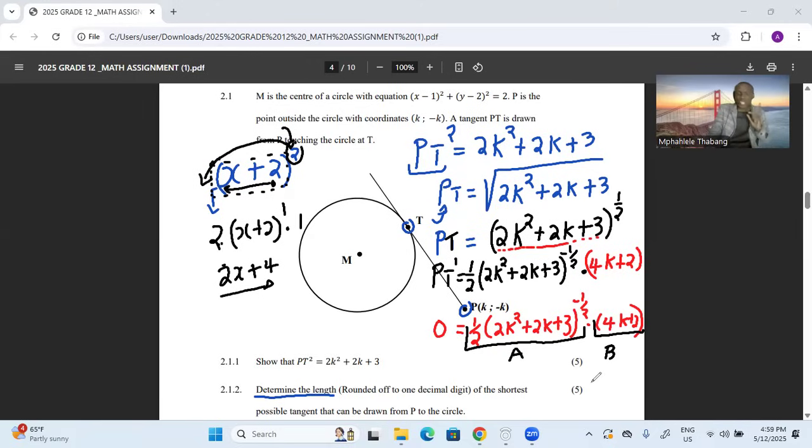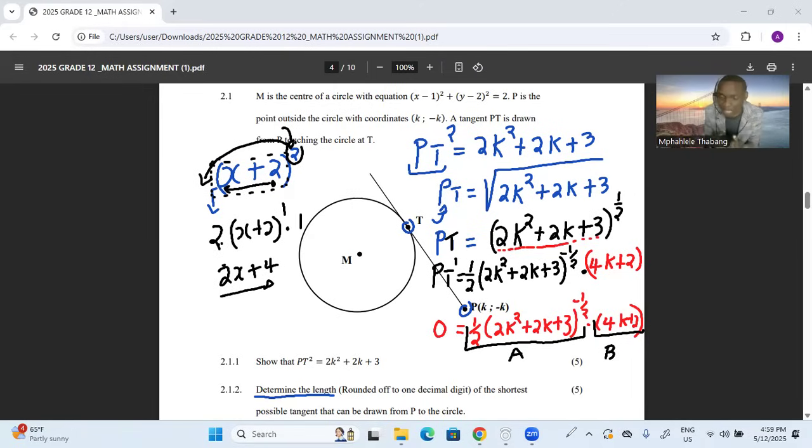So I'm saying 0 equals A times B. For me to multiply two guys, A and B, and get 0, one of these guys has to be 0. A is either going to be 0 or B is going to be 0. One of the two has to be 0.